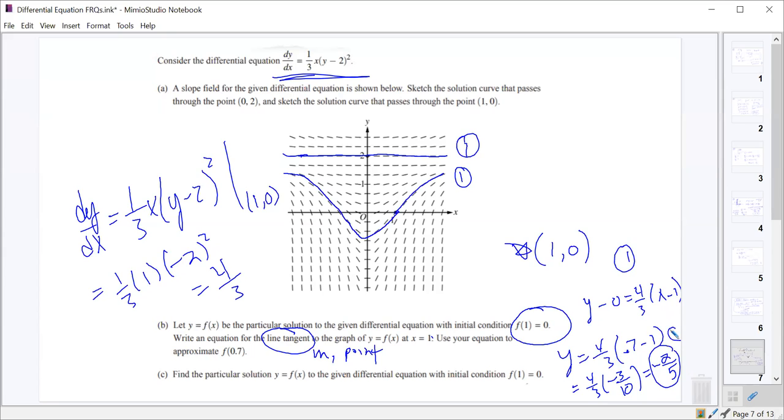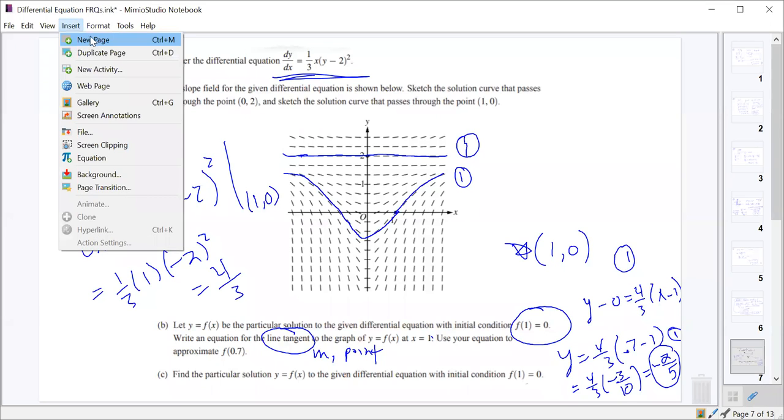And that was the second point for part B. So part A had 2 points, part B had 2 points. Any questions on parts A or B? Everybody okay with parts A and B?